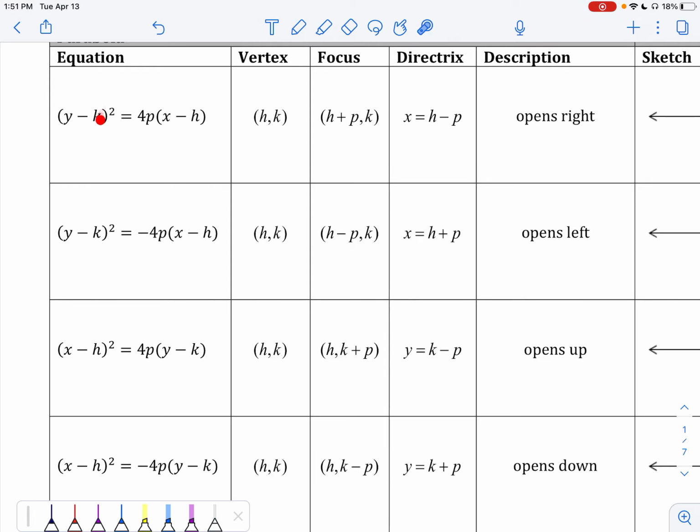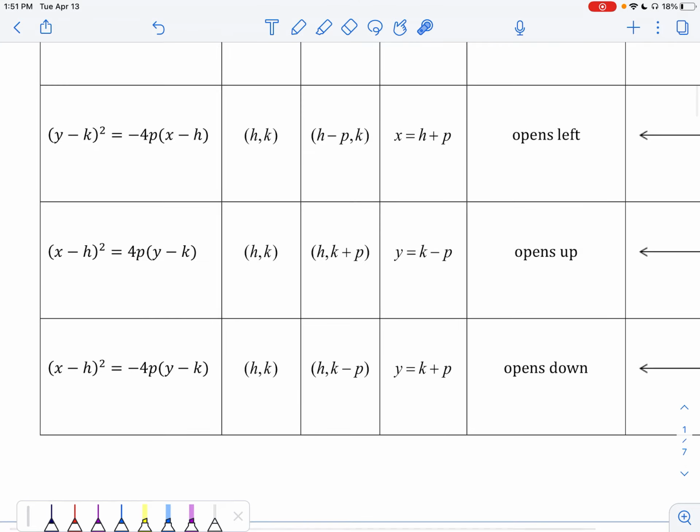So y squared tells you it's either left or right. If it's a positive 4p, it's going right. If it's a negative 4p, it's going left. And here, x squared tells you it's either up or down. Positive 4p is up, negative 4p is down.